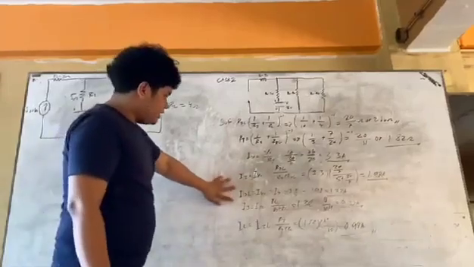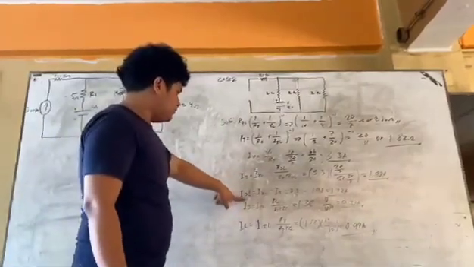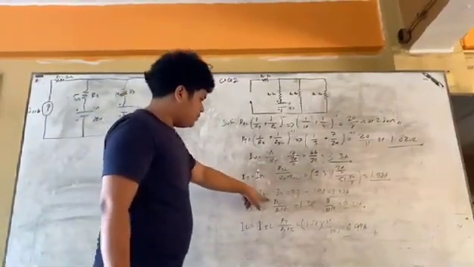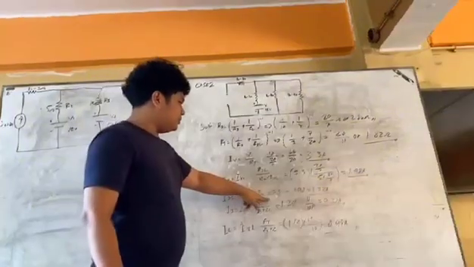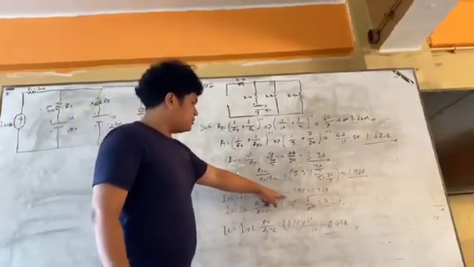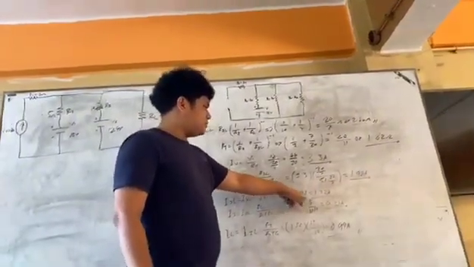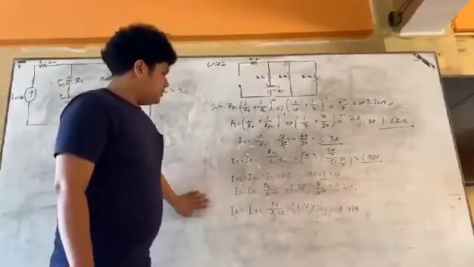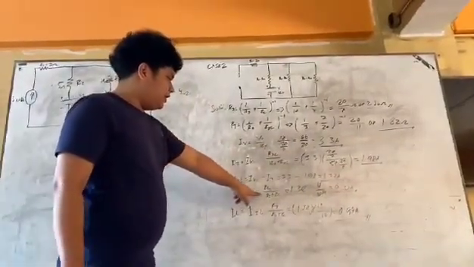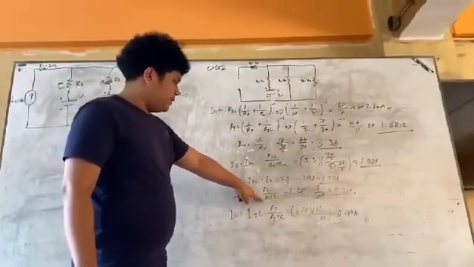Then we will get I3L in the formula of IV1 minus I2, which is 3.3 minus 1.98, equals 1.32 amps. I3L times RL over R3 plus RL.